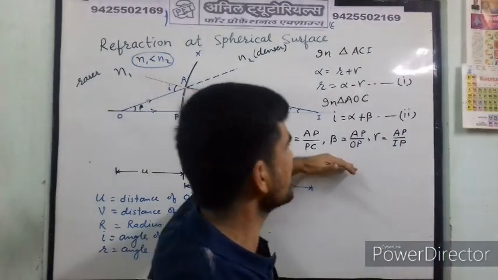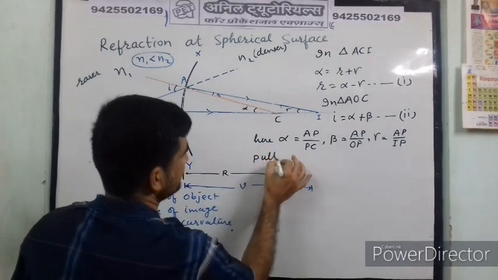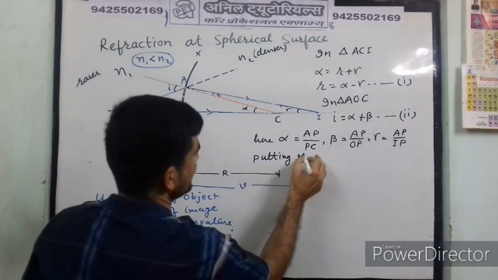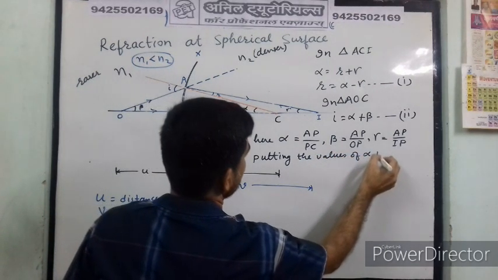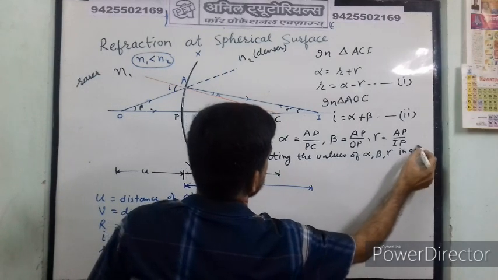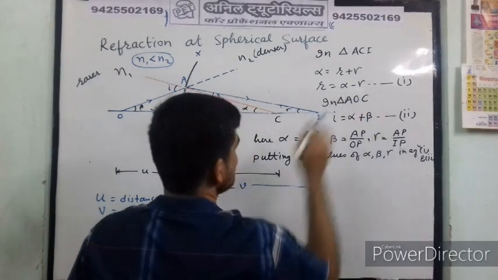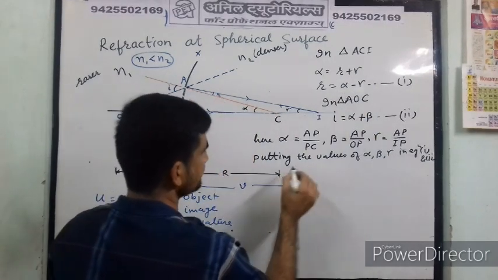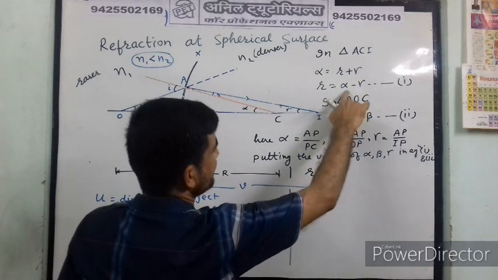Clear? Now we shall put these values in equations 1 and 2. Putting the values of alpha, beta and gamma in equations 1 and 2, we have two equations. Put these values, we get R is equal to alpha minus gamma.